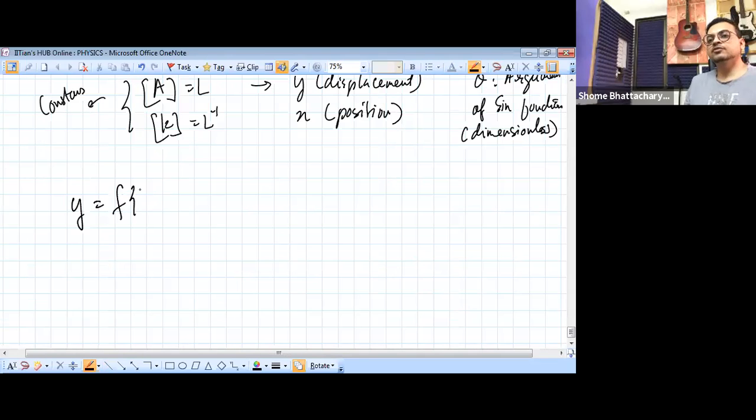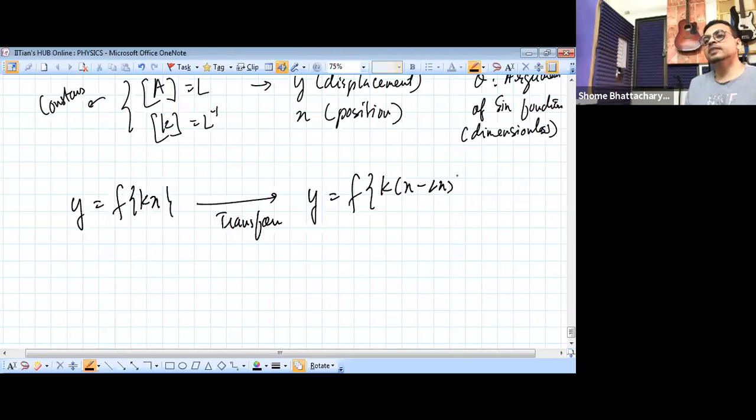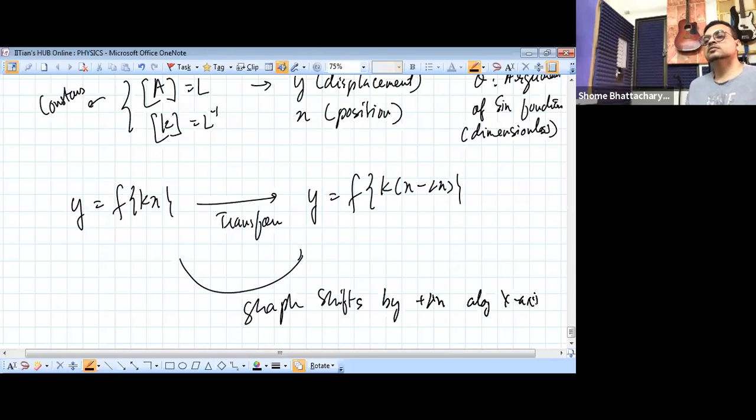Okay. So we have some kind of a function like this: y = f(px). Now if we transform this to y = f(p(x - delta x)), then what happens is that the graph shifts by positive delta x along the x-axis.